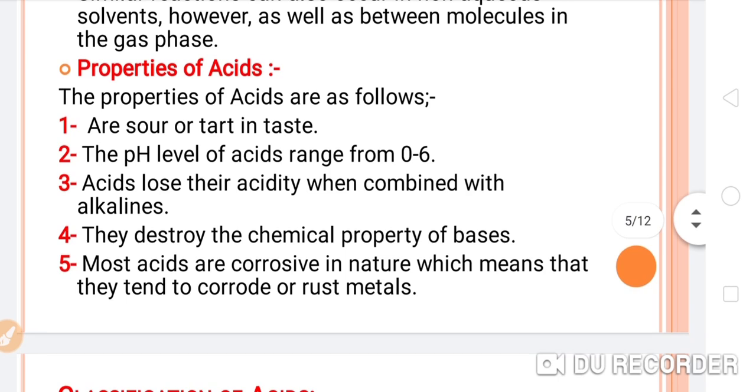Acids lose their acidity when combined with alkalis; they destroy the chemical property of bases. And fifth, most acids are corrosive in nature, which means that they tend to corrode or rust metals.